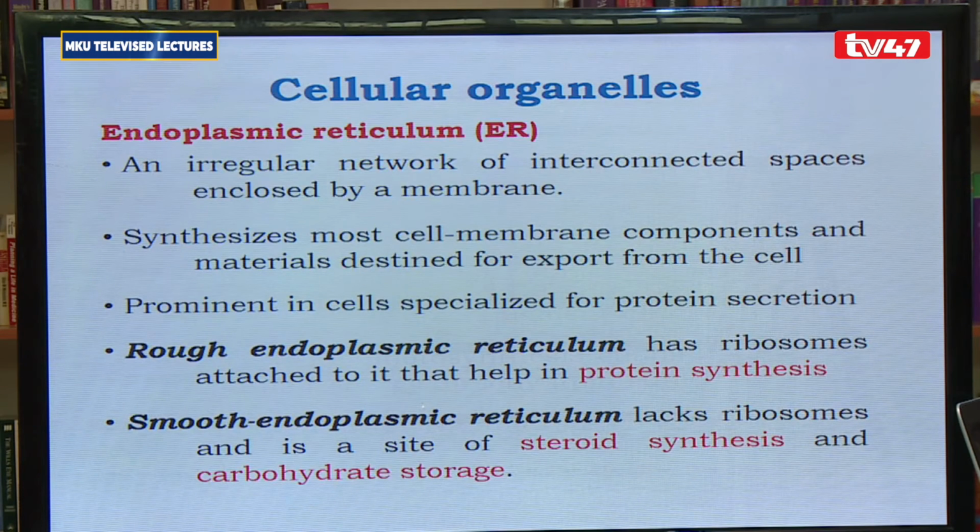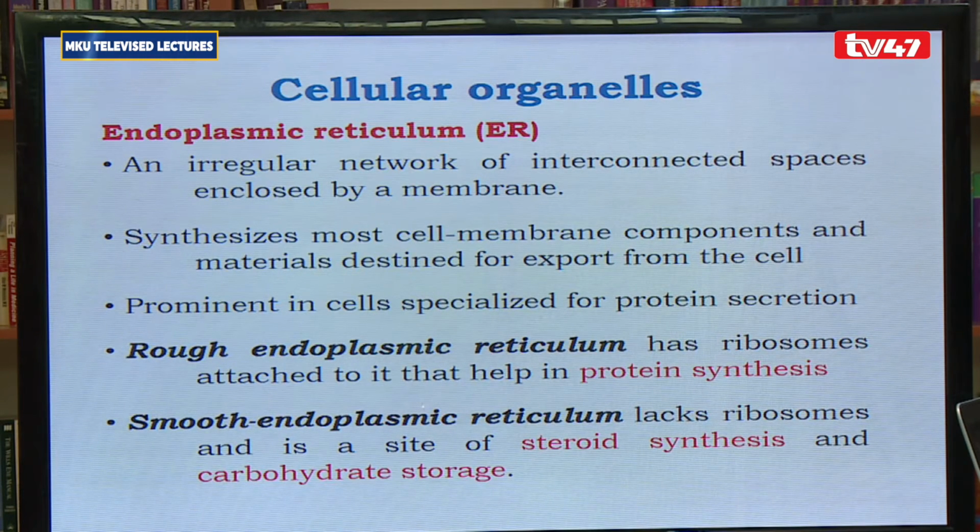Then another organelle we have is the endoplasmic reticulum. This is an irregular network of interconnected spaces which are enclosed within a membrane. Their work is mostly to export materials that have been synthesized inside the different organelles.